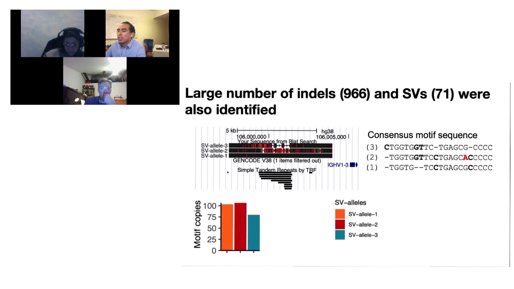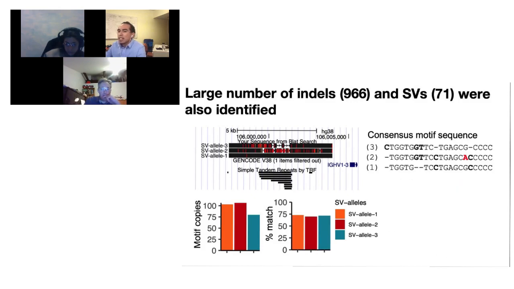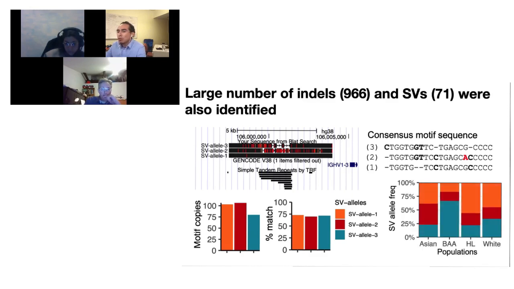However, each sequence contains a different copy number of the motif, and the copies within each sequence do not necessarily have a high sequence identity. This is likely indicative of a polymorphic tandem repeat expansion that has accumulated mutations. What makes this further interesting is that the frequency of each sequence is found at different proportions across populations.